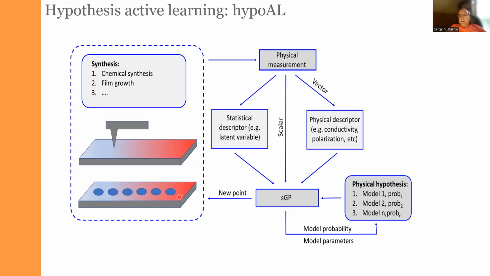This is not very different from the way that humans operate, except that humans do it based on a combination of intuition, common sense, and some amount of luck. The question is, can we train machine learning to do something like this? And it turns out that it is possible. There are several ways of doing it. The complex way is to essentially create a high-dimensional probabilistic Gaussian model where we have models with their probabilities.